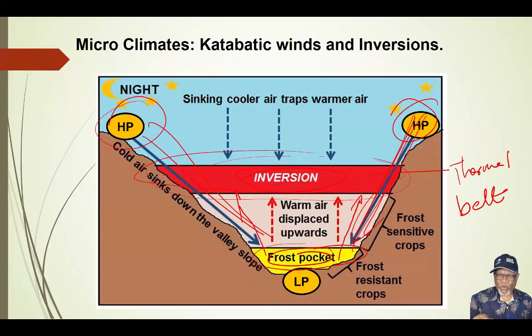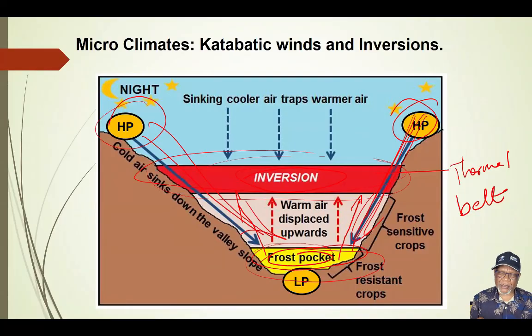When more and more cold air subsides, it accumulates at the bottom of the valley, dropping temperatures below freezing point, and we're going to get temperature inversion there. But here at the bottom, what do you call it? We call it frost pocket.